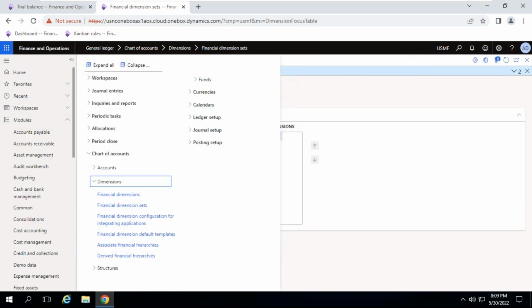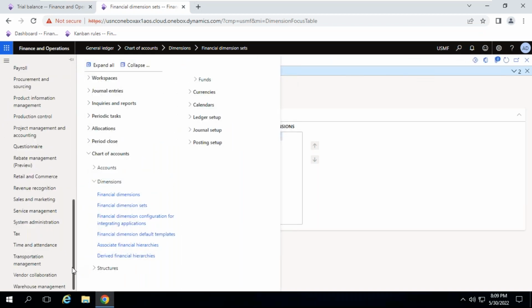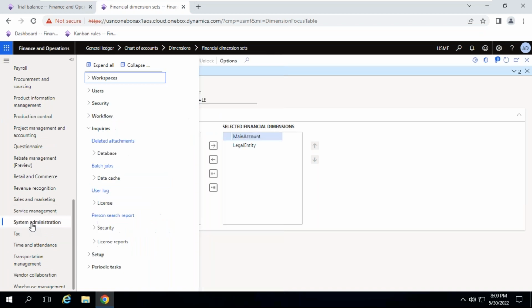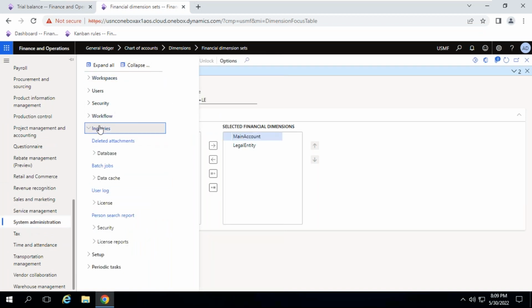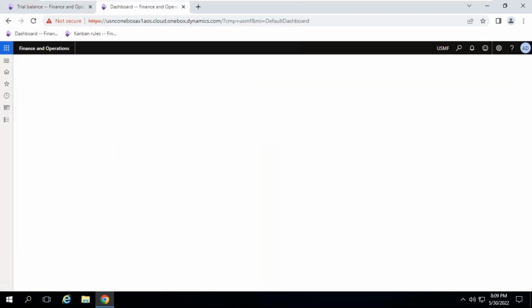So you can go to system administration, collapse all, inquiries, jobs.